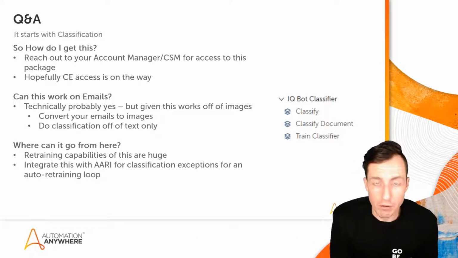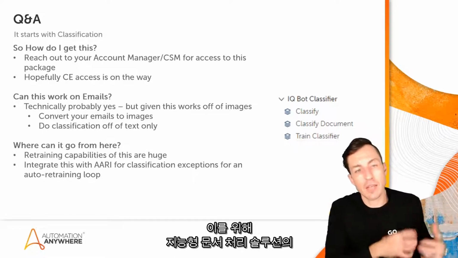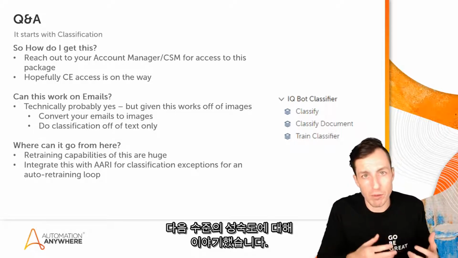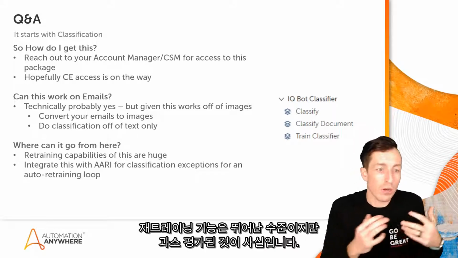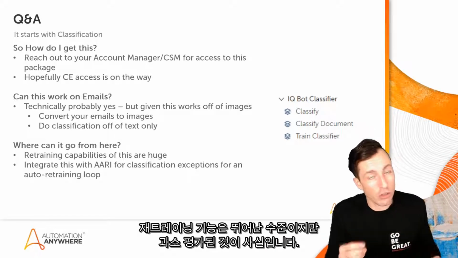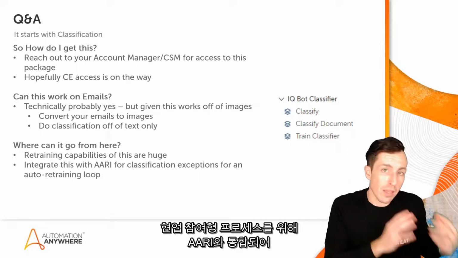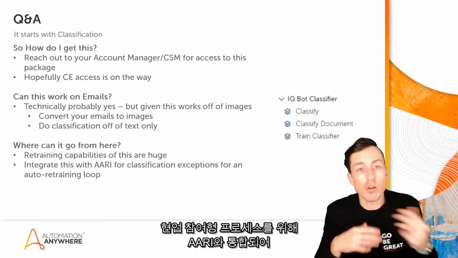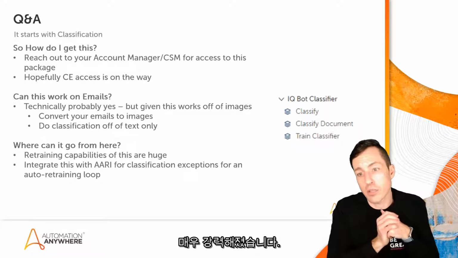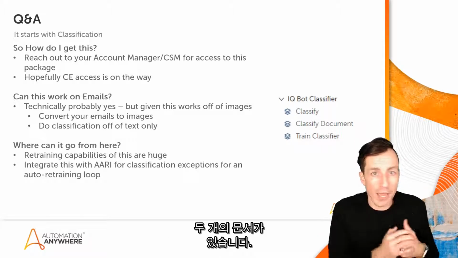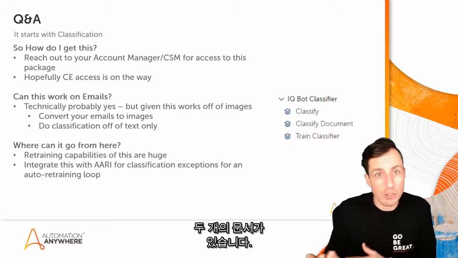Where can it go from here, right? So we talked about this is kind of the next level of maturation in an intelligent document processing solution. The retraining capabilities of this are huge, and that's an understatement at best, right? This integrated with ARI for human-in-the-loop processing is hugely powerful, right? So just like our example that we looked at, we had a couple documents that were not able to be classified.